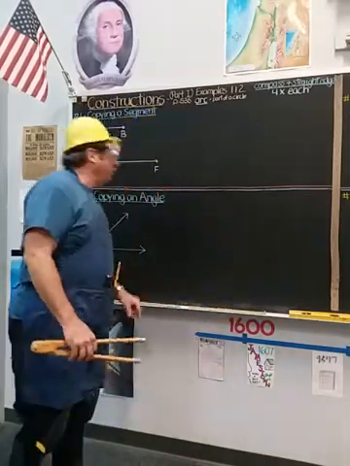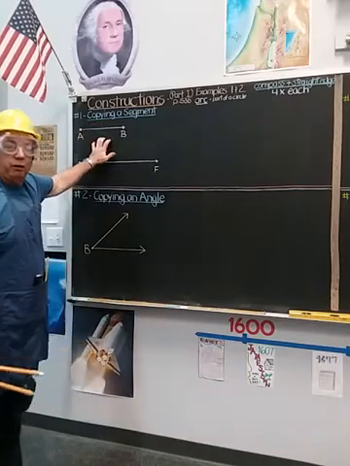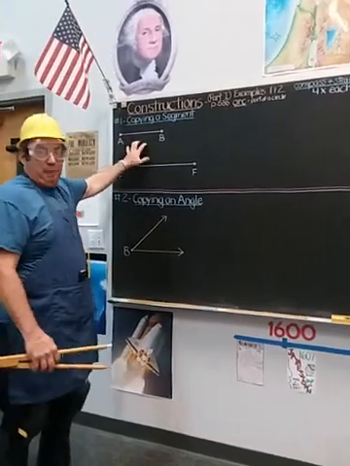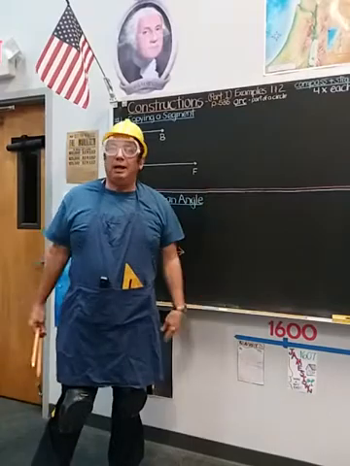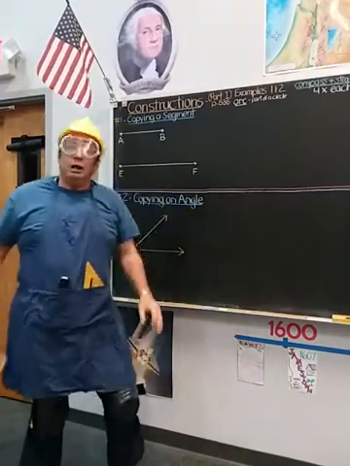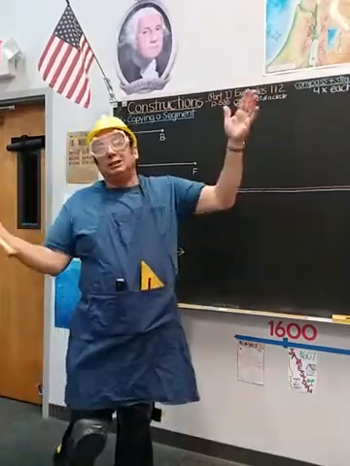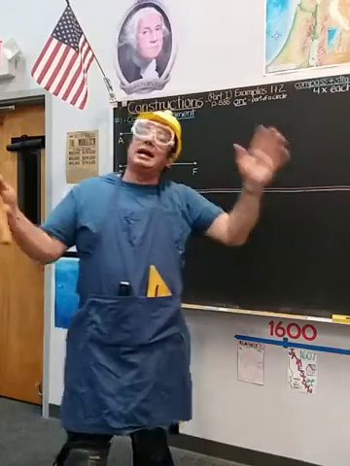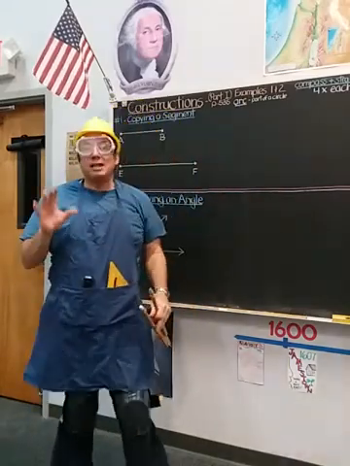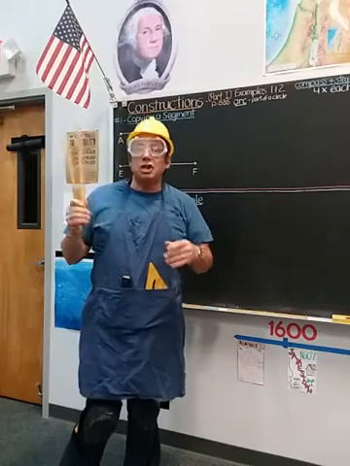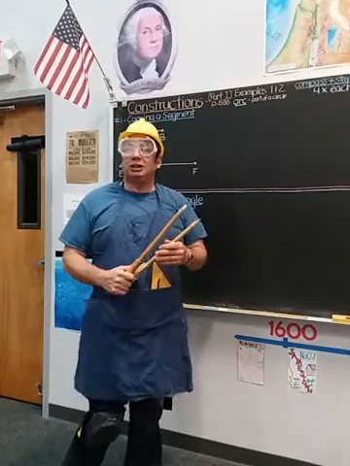All right, so when you want to copy a segment, you just draw a segment first. So here I have segment AB, all right? So I want to copy segment AB. On your paper, you just draw a segment. You can label it C, D, or X, Y. It doesn't matter. Now here's how you copy it, just using your compass and a straight edge.